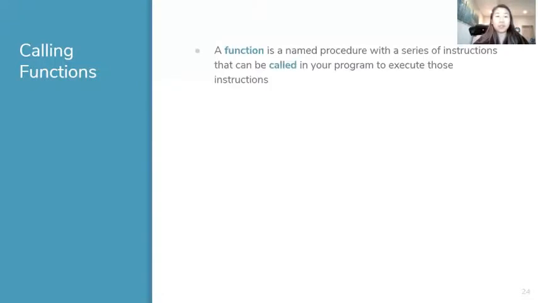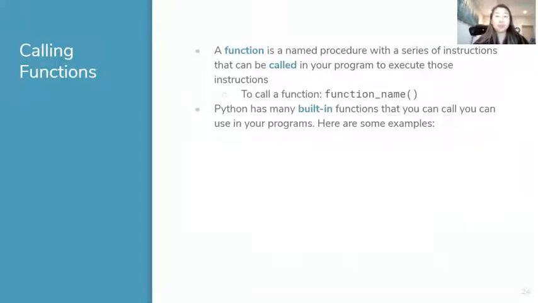Also, another thing that's important within Python is learning how to call functions. A function is a named procedure with a series of instructions that can be called in your program to execute those instructions. To call a function, you need a function name and the parameters. Python has many built-in functions that you can use in your program.